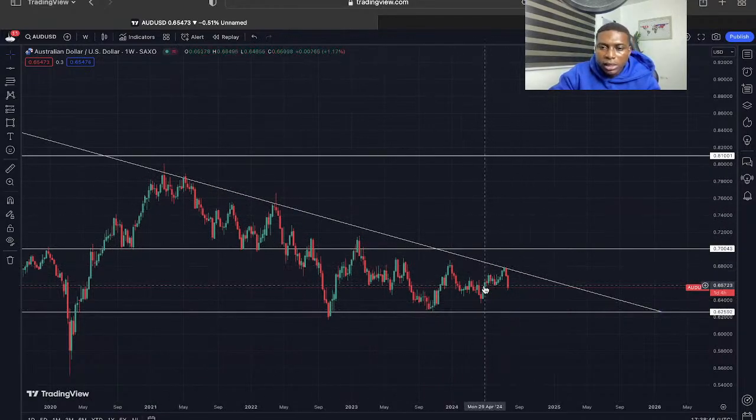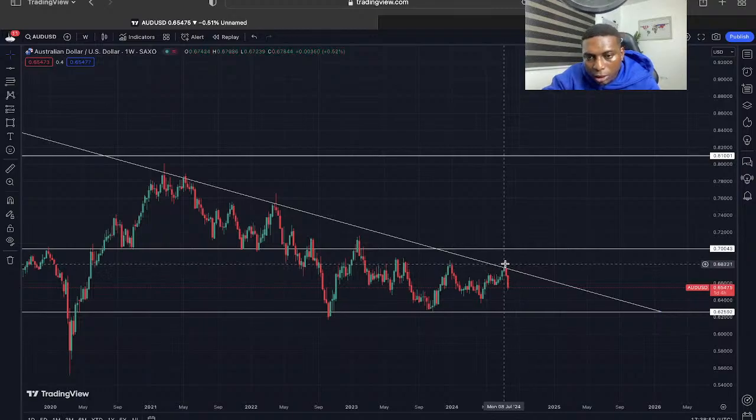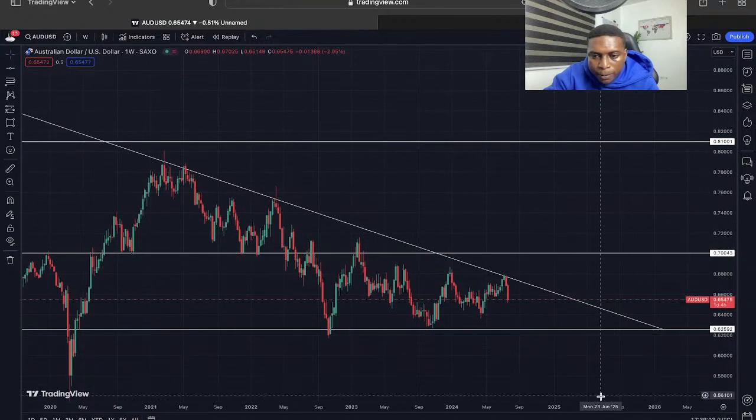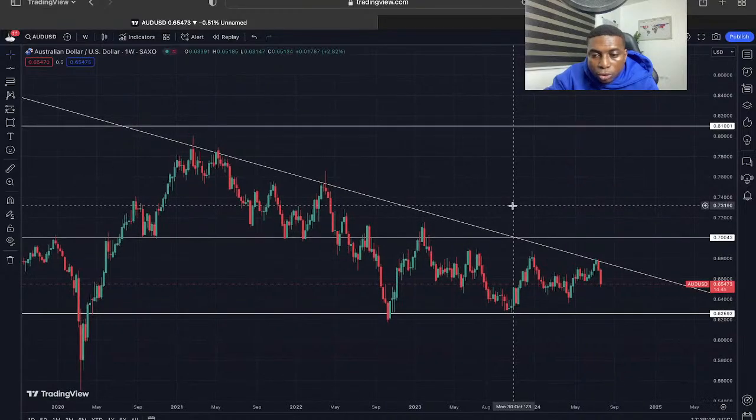Now we can see the turnaround coming from the previous higher low, and we see how price has dropped significantly. So from here we can see that AUD USD is actively in a bearish market.